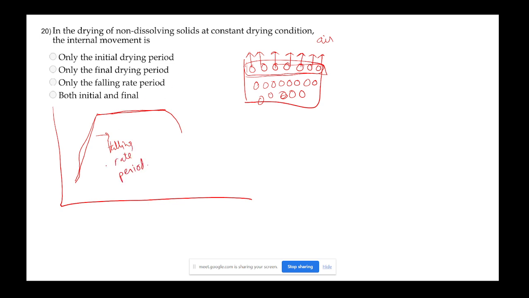During the falling rate period, you see some internal motion of water molecules from the interior of the solid to the surface, because of the lesser amount of water after certain drying. So here the correct answer is during the falling rate period.